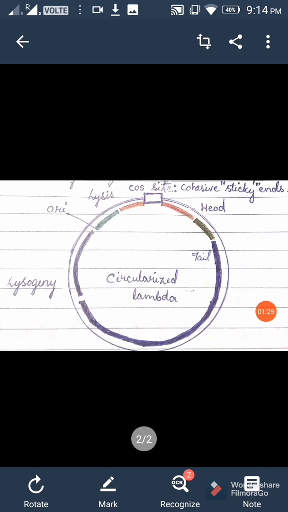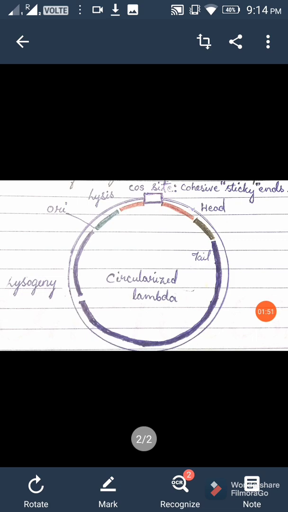Okay, so this is the DNA molecule of this virus, which has become circularized at the cos site. As you can see here, cos for cohesive, cohesive sticky ends. They will stick together, they will hybridize because they have a complementary region, and thus form a circular DNA molecule.